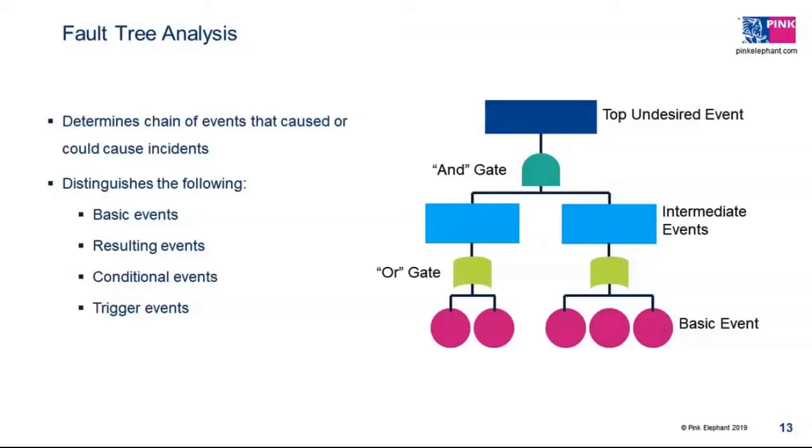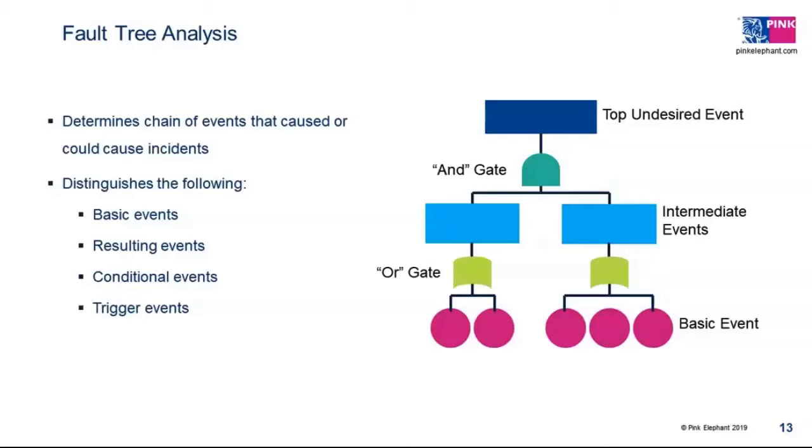And what we want to do is follow the trail back through these logic gates, AND or OR gates, and identify the events that might have led to that problem. And as you can see here, when we talk about different events, we're trying to get down to the basic event, the basic root cause.